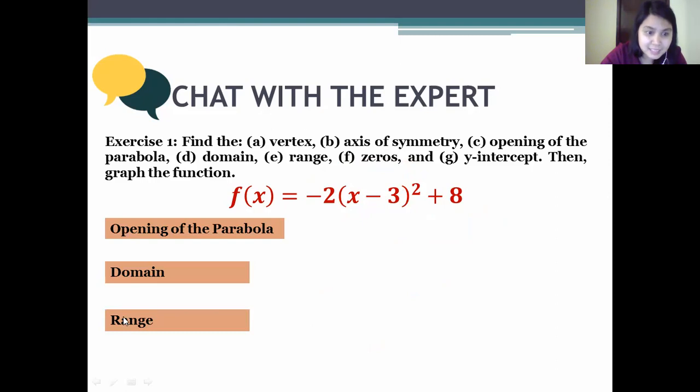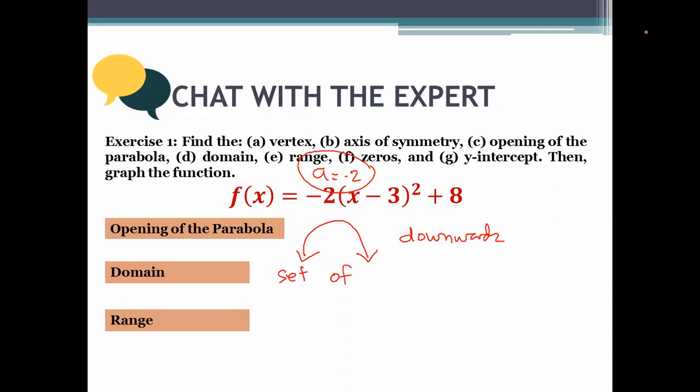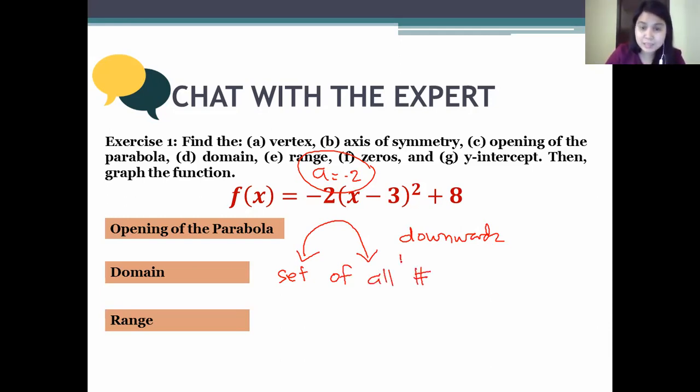Since our a is -2, where does our parabola open? Up or down? It opens down. Very good. Downwards. Next, our domain is the set of all real numbers. Again, our domain is the set of all real numbers.